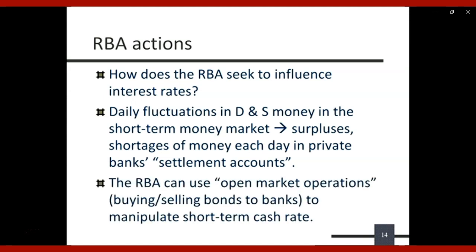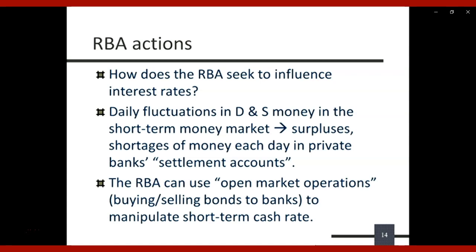So the Reserve Bank can use what are called open market operations. Open market operations basically boil down to buying and selling government bonds to the private banks in order to manipulate this short-term cash rate. Let's say the Reserve Bank wanted to increase the interest rate in the short-term money market, this 24-hour money market. The way they can do it is that they will create a shortage in the short-term money market.